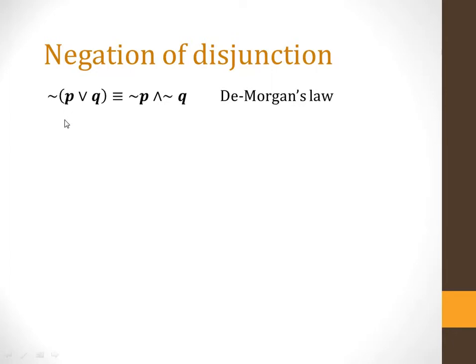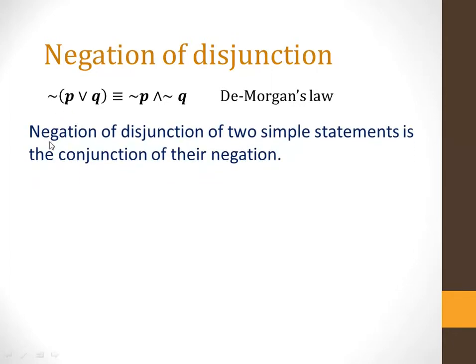So what is the theoretical meaning of this? Negation of disjunction of two simple statements is the conjunction of their negations. Here it is disjunction, it becomes conjunction, means or becomes and: negation P and negation Q. So remember the theoretical meaning of this De Morgan's law.